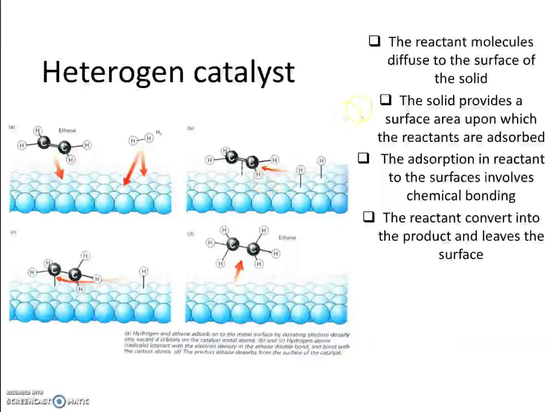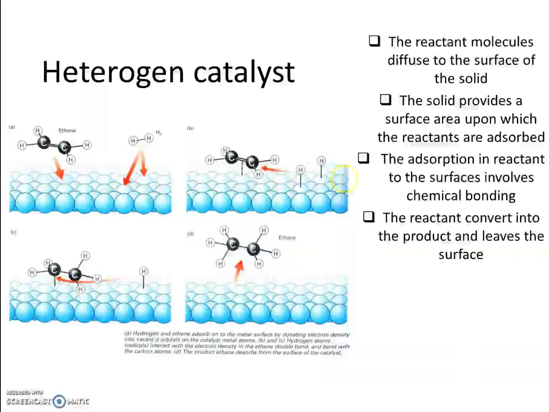So the first mechanism, the reactant molecules diffuse to the surface of the solid, and then the reactant molecules, there are two, ethylene and hydrogen gas, will spread over this solid surface and will be adsorbed.